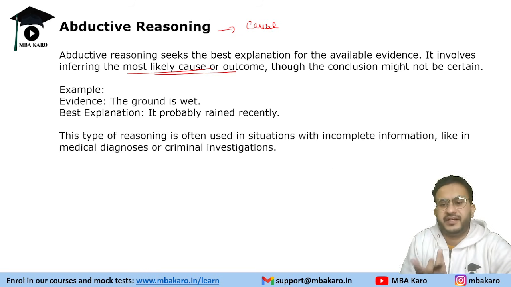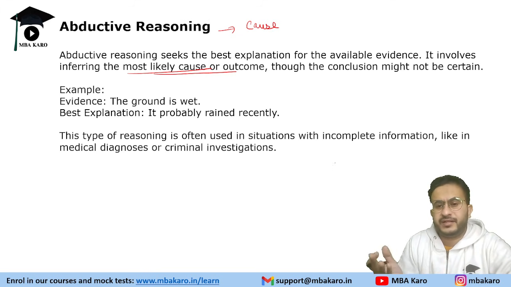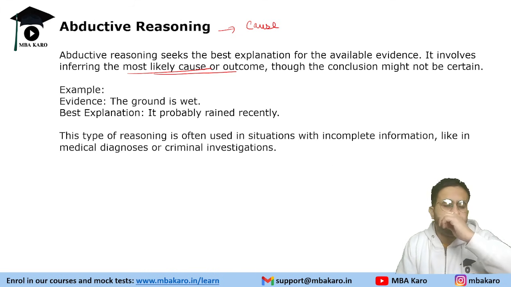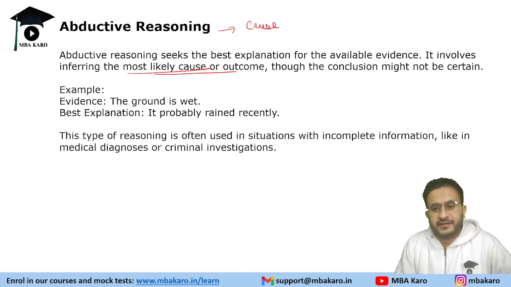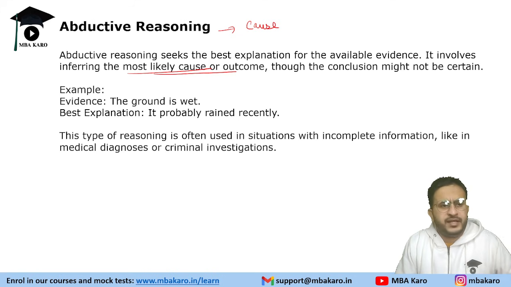This is where we have incomplete information, for example, in medical diagnosis, where we have incomplete information, but we think of a cause. Let us say a person has lung cancer. Maybe the person is a smoker, right? That is abductive reasoning.